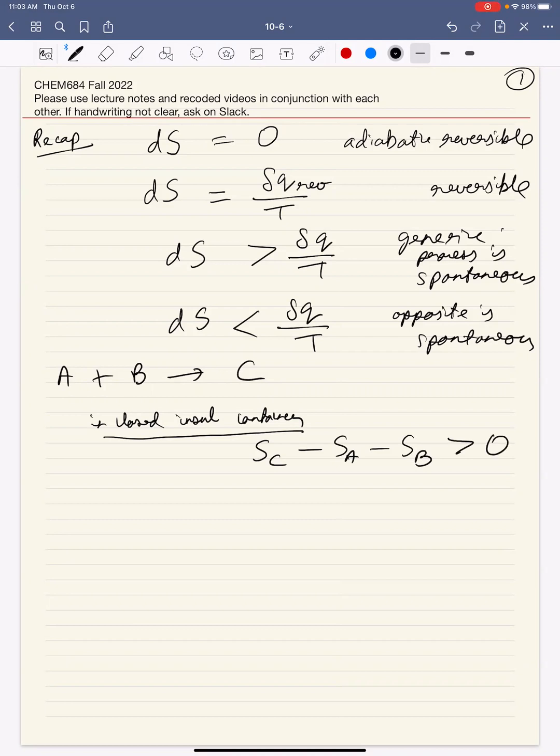That would mean the forward direction is positive, right? Forward direction is spontaneous. So the forward reaction is spontaneous. And just to remember, spontaneous has nothing to do with time. It just means it will happen.